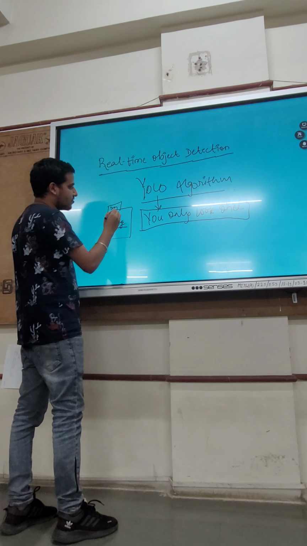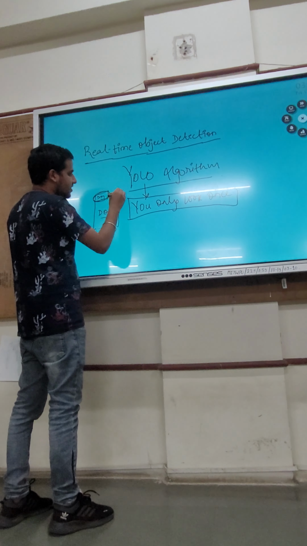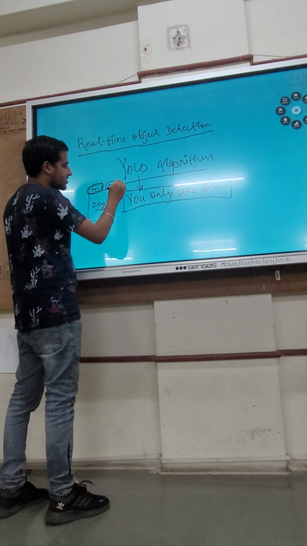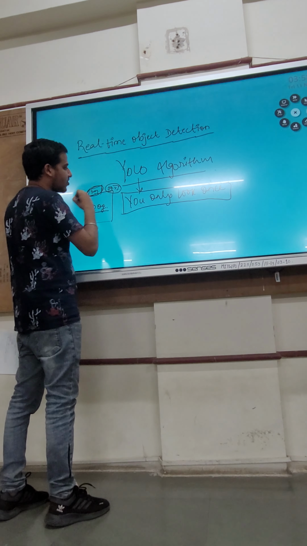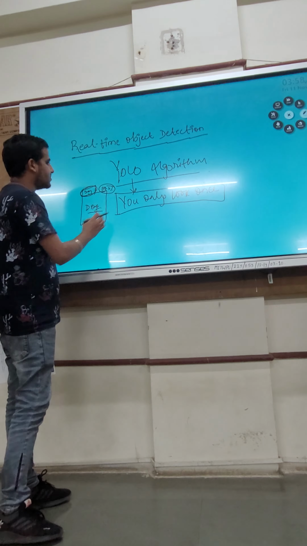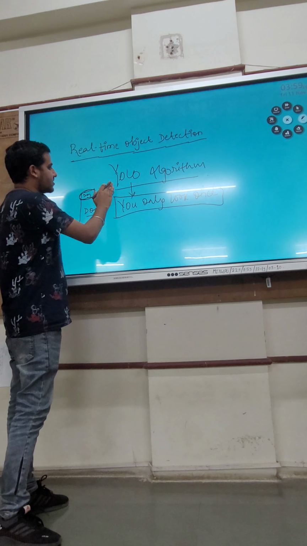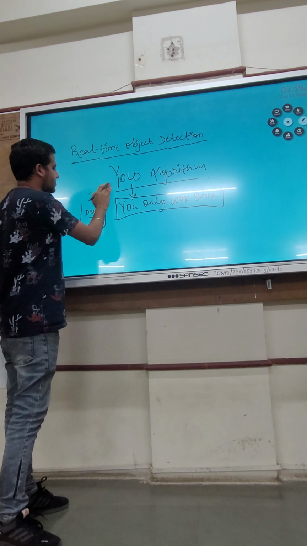It will also show which particular class the object belongs to, and the prediction, something like 99% accuracy that it is a dog, or 93%, according to the image resolution and the clarity of the image. It can detect the percentage that it is a dog or something else.